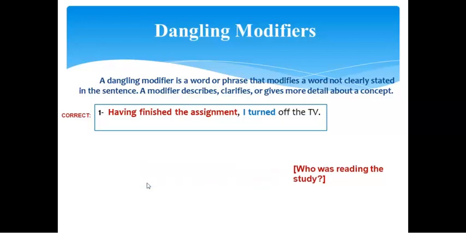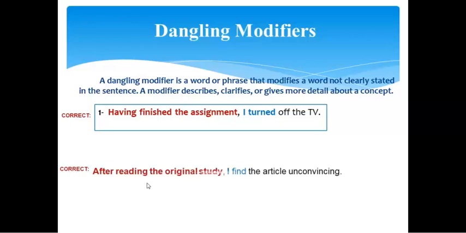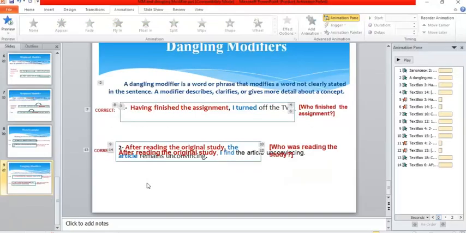No, of course. How do we correct it? You're going to say: After reading the original study, I find the article unconvincing. Now I can say I, or he, or my friend, or whatever subject you are going to add, but you need to add a subject in the sentence. Without giving a clear meaning, it's going to be a dangling modifier.